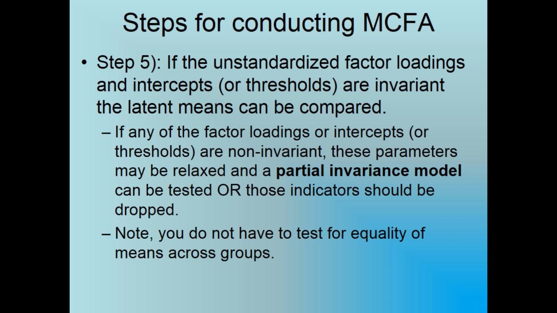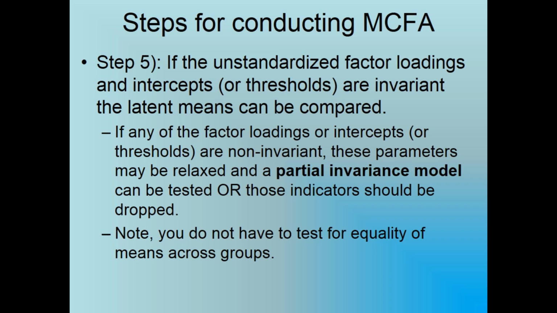You can compare the means based on the partial invariance model, but the problem with that is that the equation being used to create the factor scores is going to differ across your groups, again, because for at least one of those items, the factor loading, intercept, or both differ across the groups.